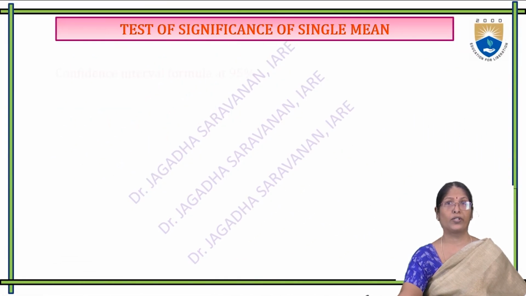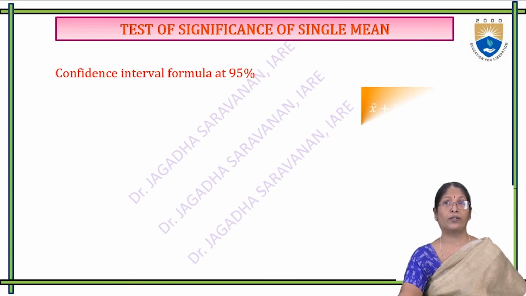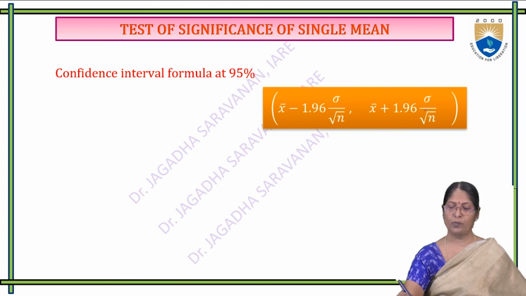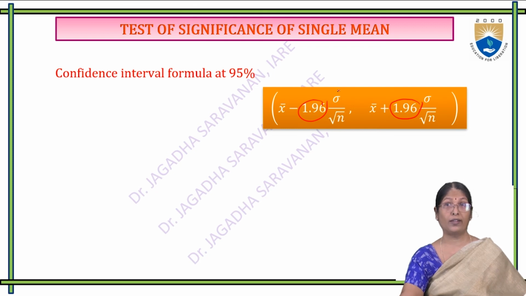There is one more part, the next part of the same problem, that is the confidence interval at 95%. This is the formula: x bar minus 1.96 sigma by root n, comma, x bar plus 1.96 sigma by root n. This is the tabulated value, it is not any standard.